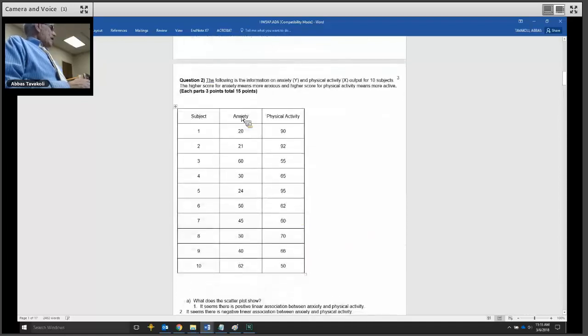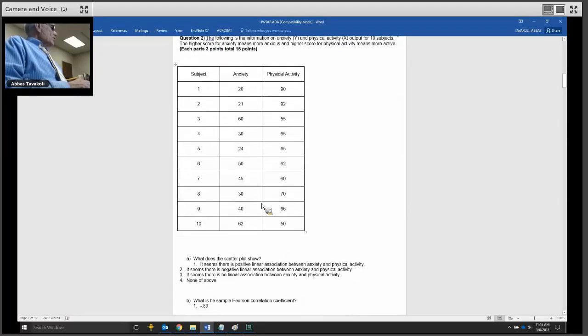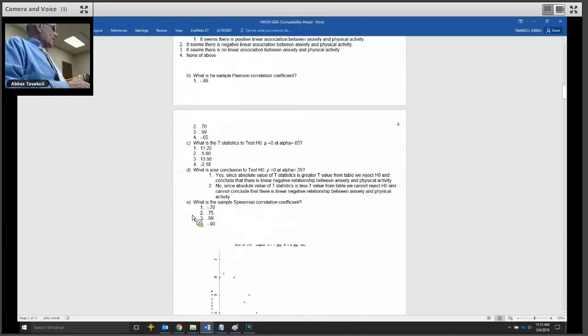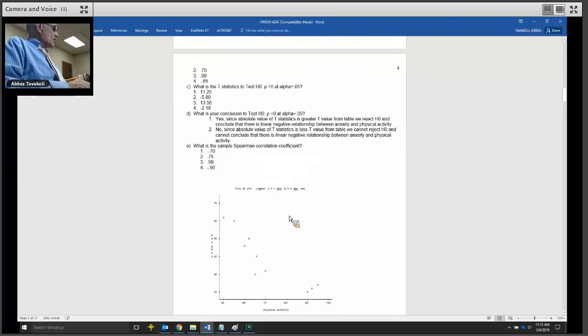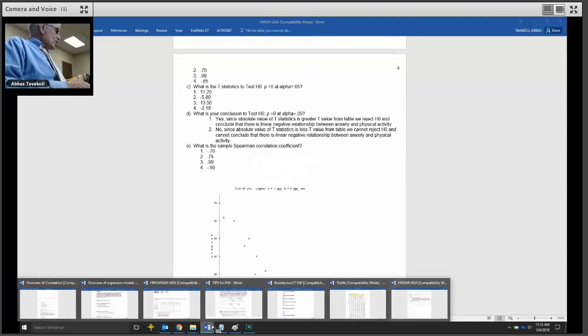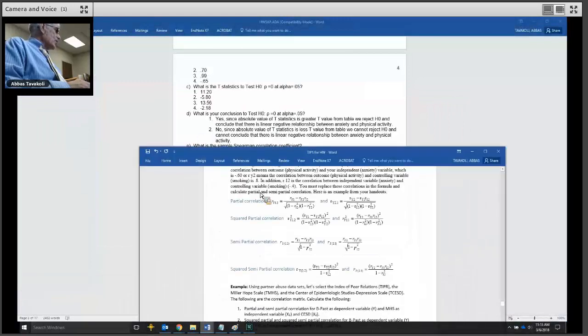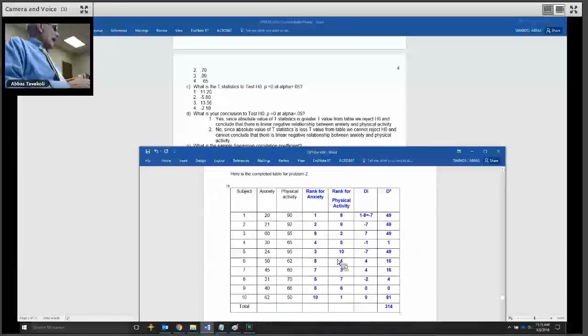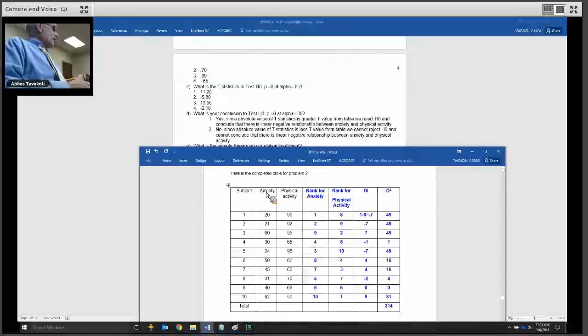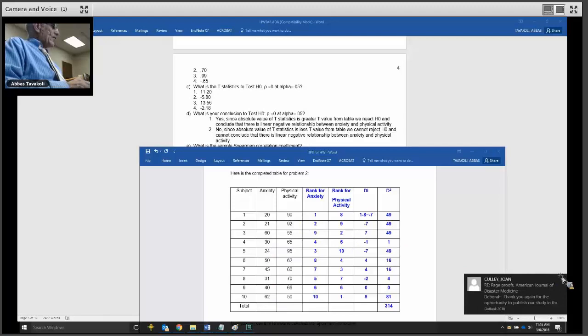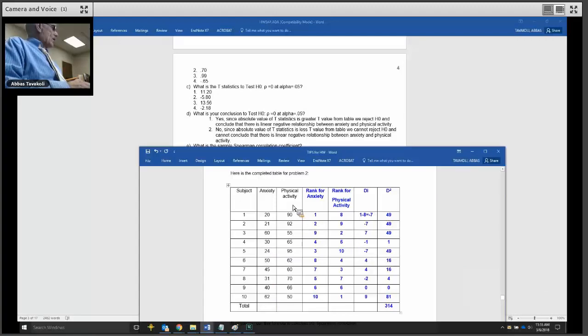You do the same thing for parts A, B, C, and D of this problem, and the same for the second problem. The last problem is different in that you calculate the sample correlation coefficient using the tips I posted for you, so you can use that table. Basically, you rank from lowest to highest for anxiety, and lowest to highest for physical activity.